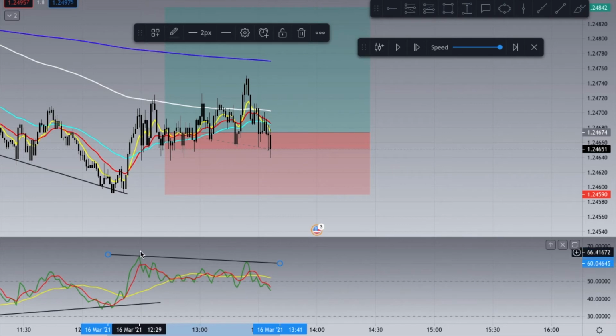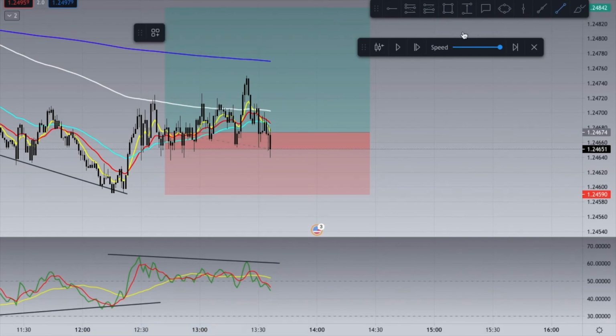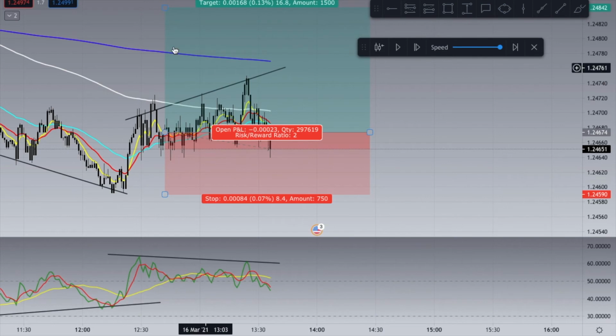Because you can see this is the high, and then you have a lower high all the way over here, while price action has a higher high, higher high. So we're actually forming divergence in the opposite direction, which is a sign to me that we're going to be looking to turn back around.